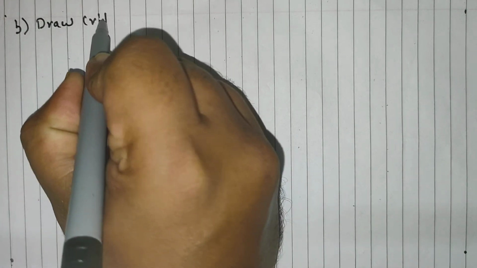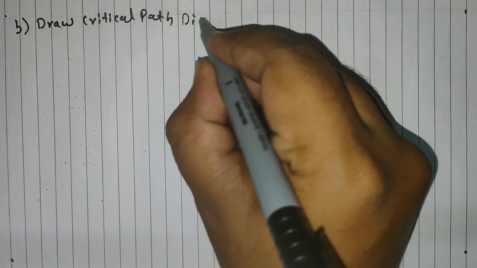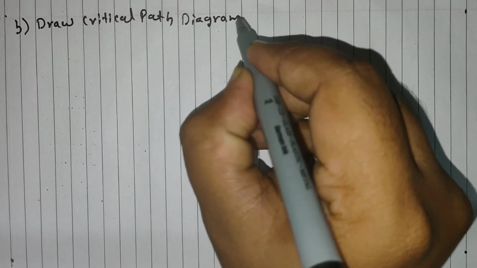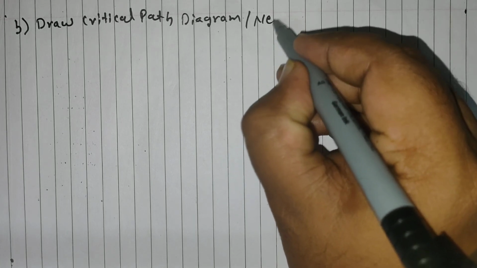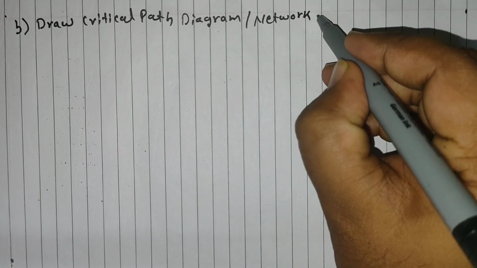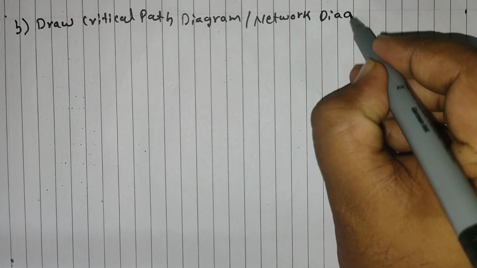Now our second sub-question is part B, which says draw the critical path diagram, which is also called the network diagram.